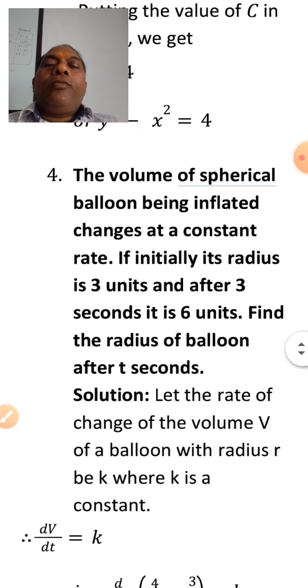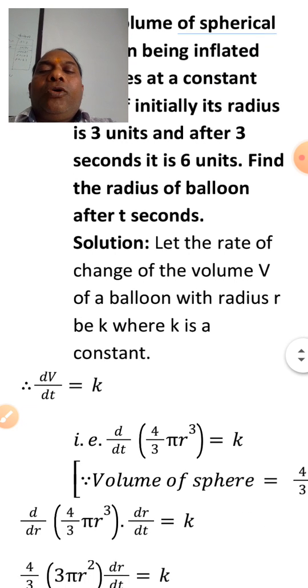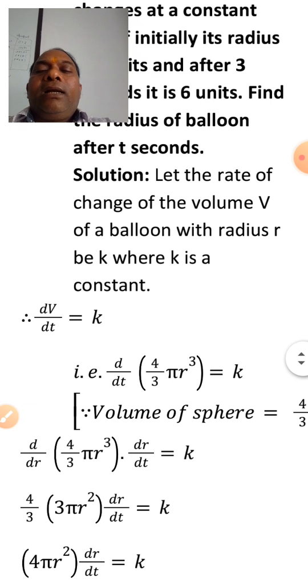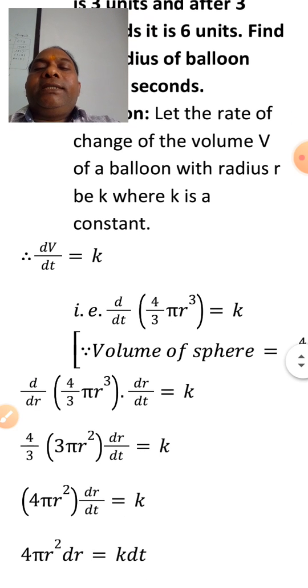the volume of a spherical balloon being inflated changes at a constant rate. If initially its radius is 3 units and after 3 seconds it is 6 units, find the radius of the balloon after t seconds. So let the rate of change of the volume V of a balloon with radius r be k, where k is a constant.